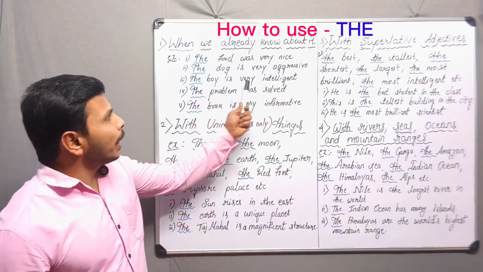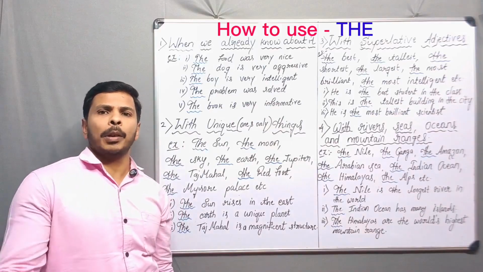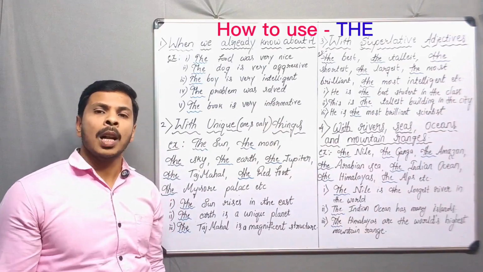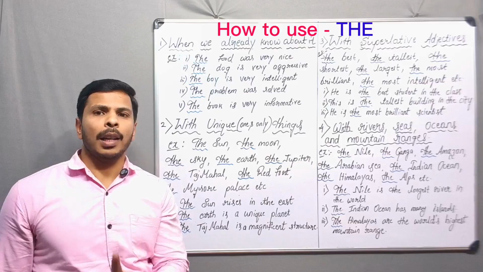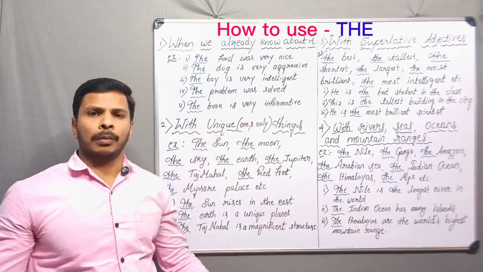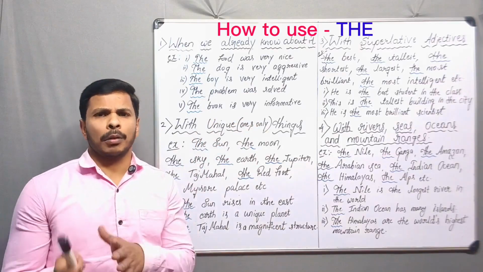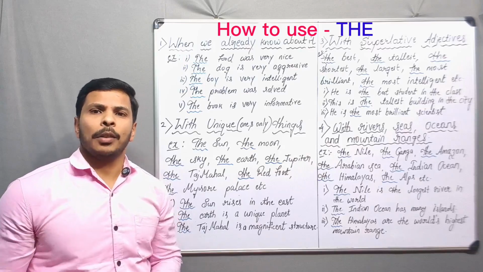And the boy is very intelligent. You know a boy, maybe your neighbor, maybe your own family member, he is very intelligent. That time you say "the boy is very intelligent", because you know that boy. And the problem was solved. You had a problem and you solved that problem. Now everything is okay. So that's why you know that.